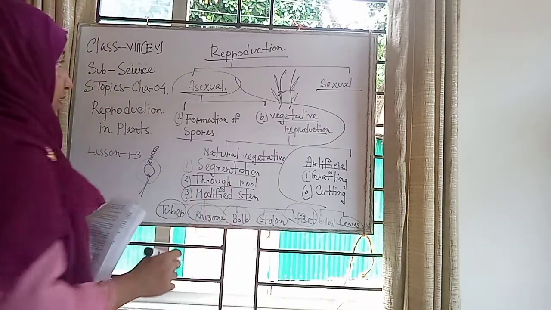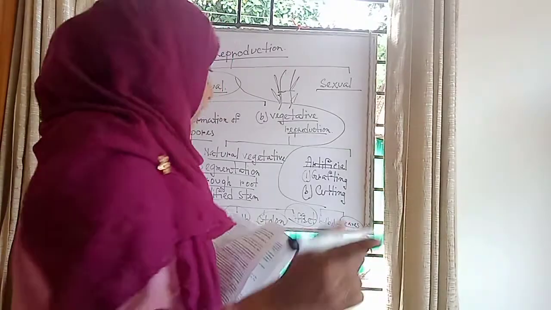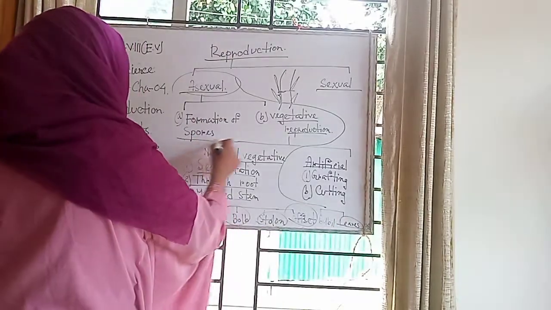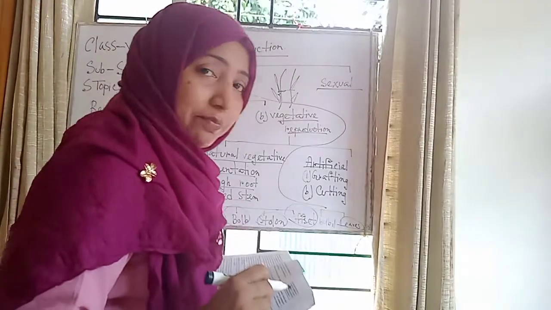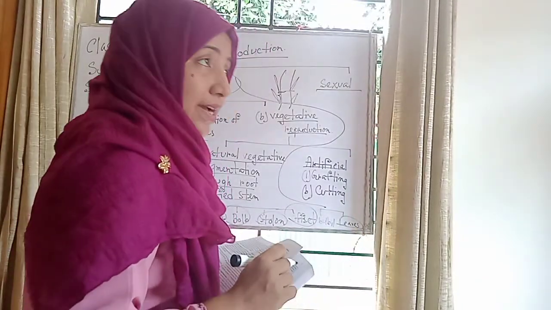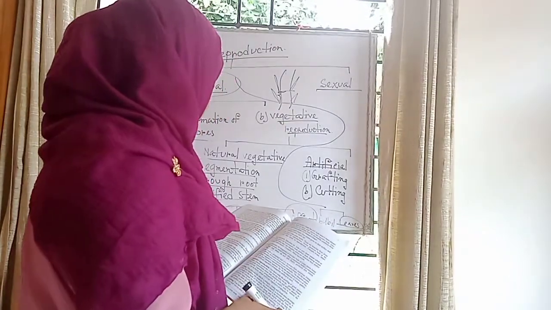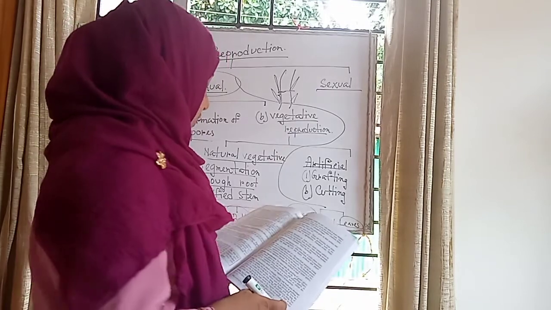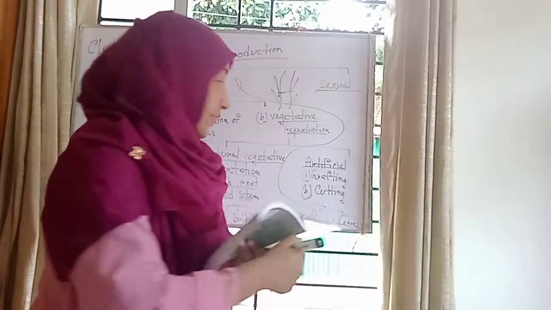First category is the formation of spores. We know the sporangium and the conidia, in Mucor, Penicillium, etc.